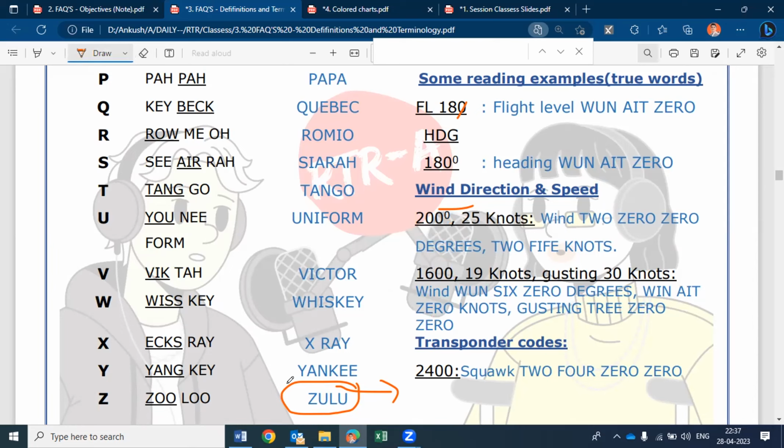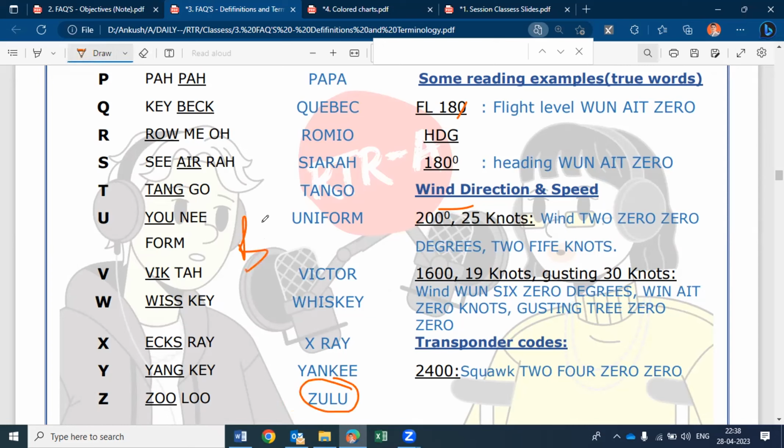Okay? And in this manner also, if you find some words of 3 to 4 letters, instead of saying Zulu, better to say Zulu Uniform, Lima Uniform. Now you don't have to split Zulu like that. This is just for example.